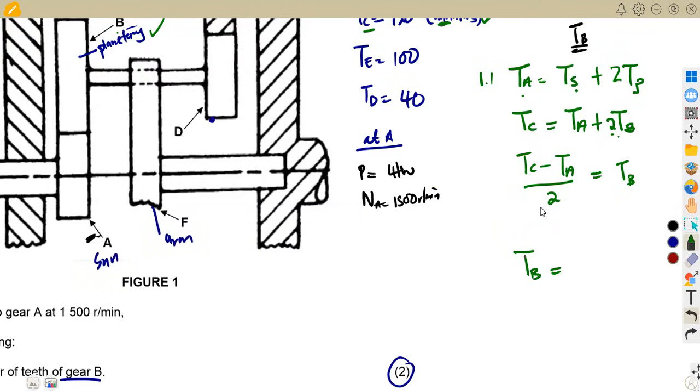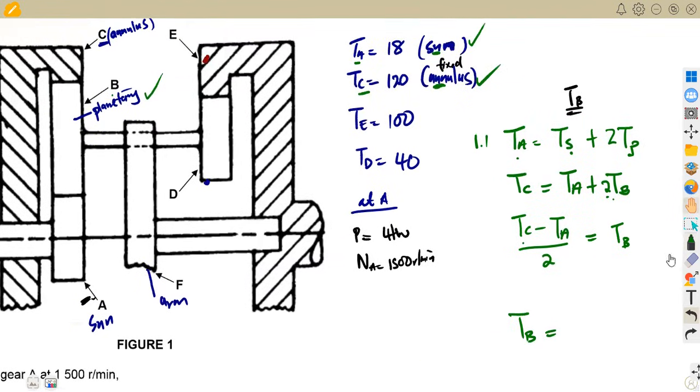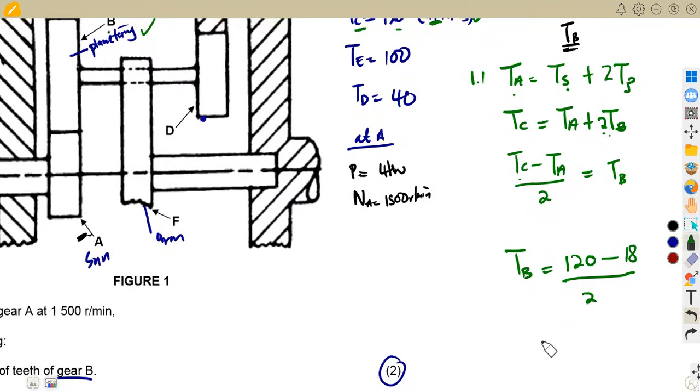So TB is equal to TC, the number of teeth on the annulus, which is 120, minus TA, the sun, which is 18, everything over 2. This gives us the number of teeth on gear B, the planet gear, which is 51 at the end.